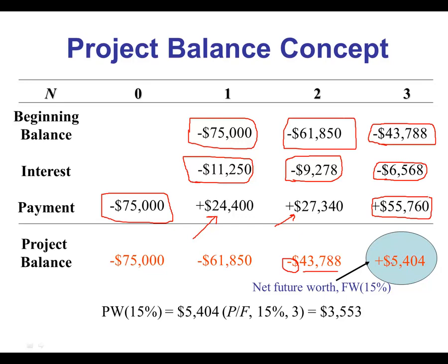At this point, we started making money, and now we are in positive. So the net present worth now is positive, and I mean, this is the future worth. The future worth will be positive. That's 5,404. That's the future worth, and then I can bring that to the present worth, and that will also be positive. That's when I say, okay, now I will accept the project. Since in the third year now I'm making money, it will be approved for execution.